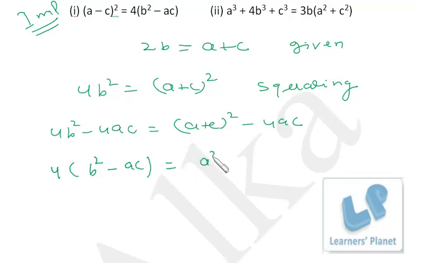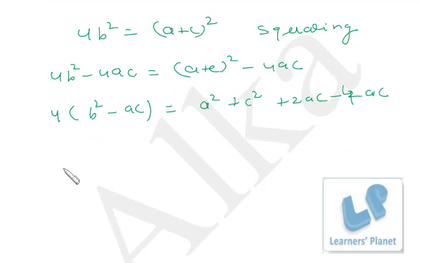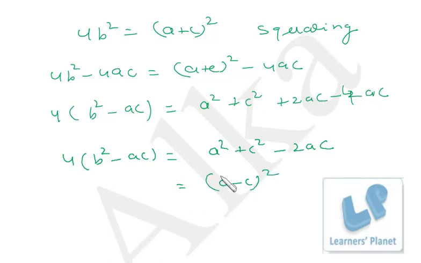And here it is A square plus C square plus 2AC minus 4AC. So 4 times B square minus AC is equal to A square plus C square minus 2AC. So that is actually A minus C whole square.